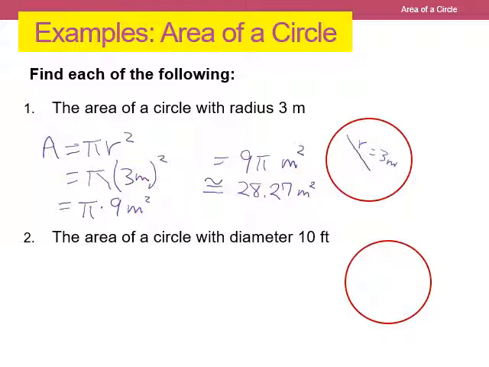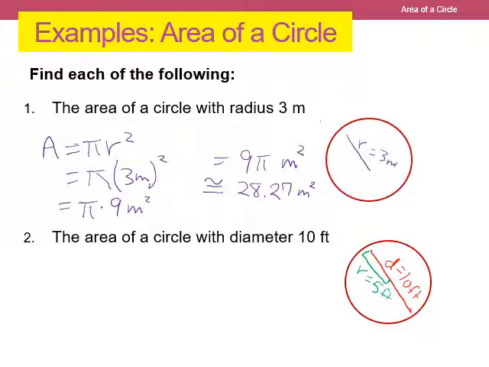In the second problem, you were given the diameter is 10 feet. So this is the diameter, which is 10 feet. So if the diameter is 10 feet, then the radius is half of that. Here's the radius, which is going to be 5 feet.